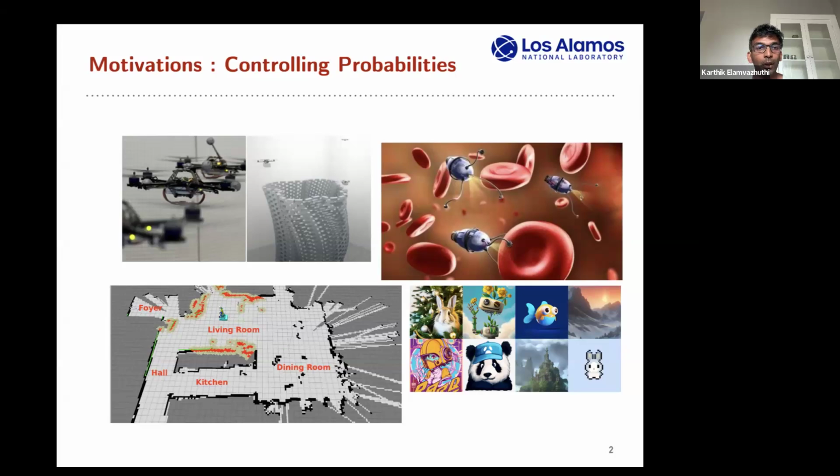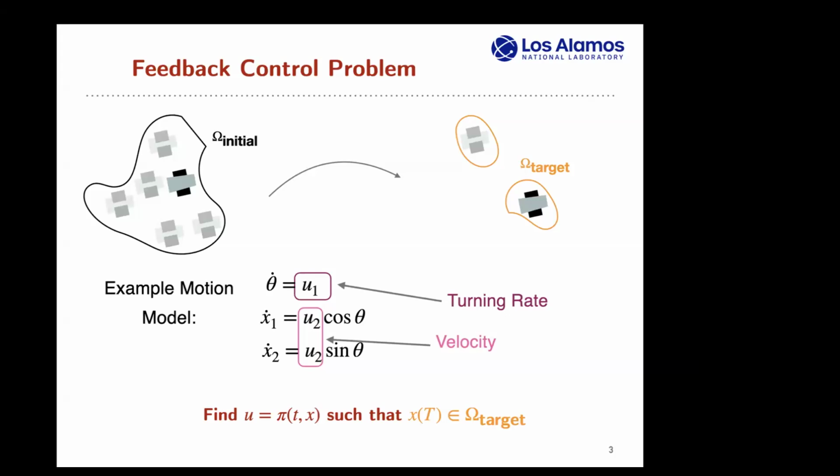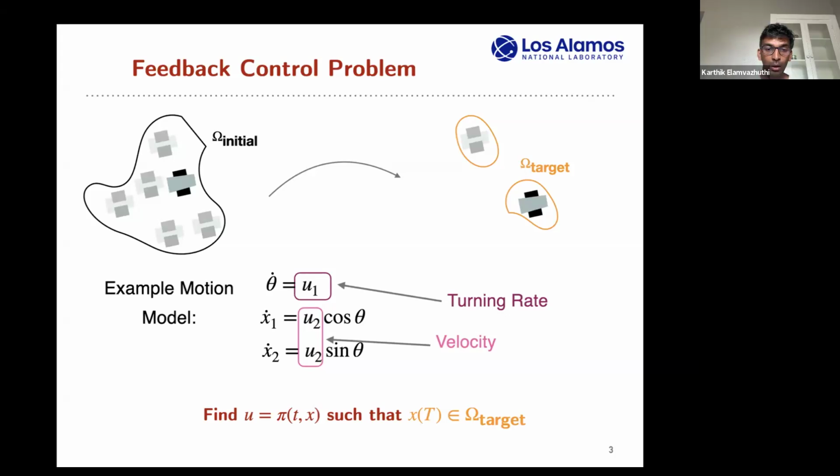While there are several of these applications, let me review a simple instance of the classical control problem, which we can reframe in terms of manipulating probability densities. One such example is the unicycle model. Oh, I think there's some kind of echo. Okay, it's gone.